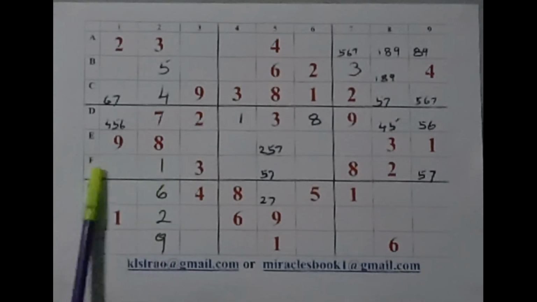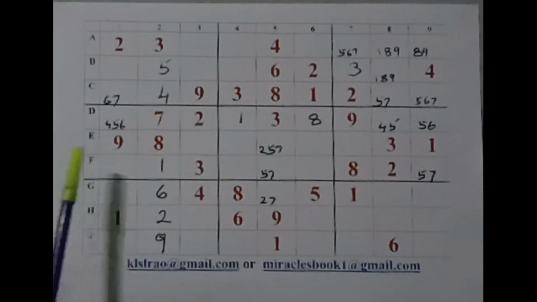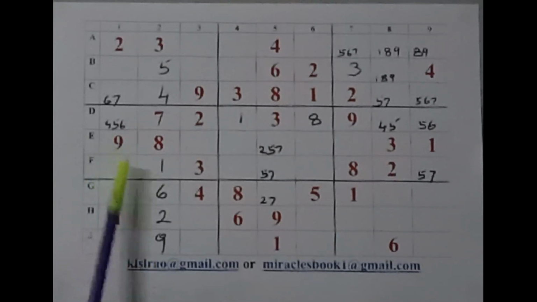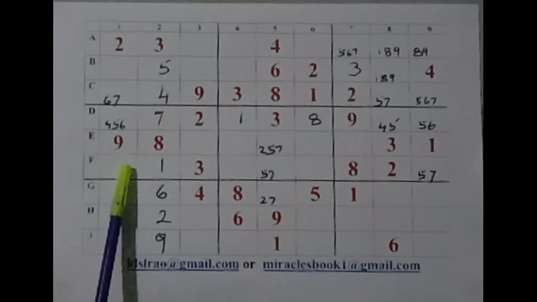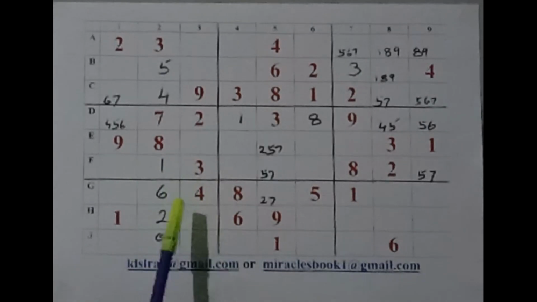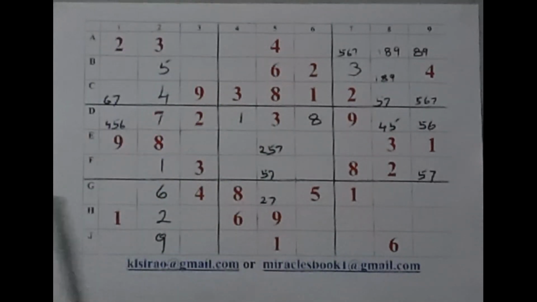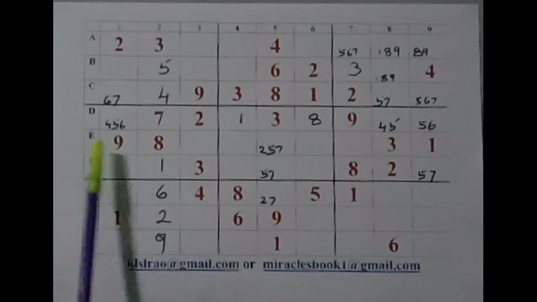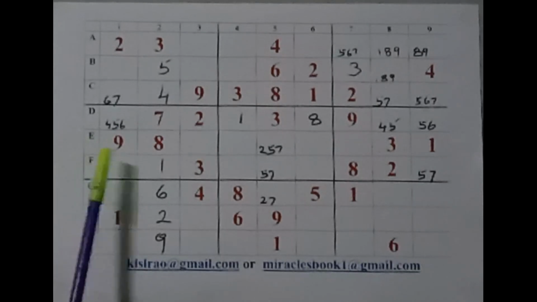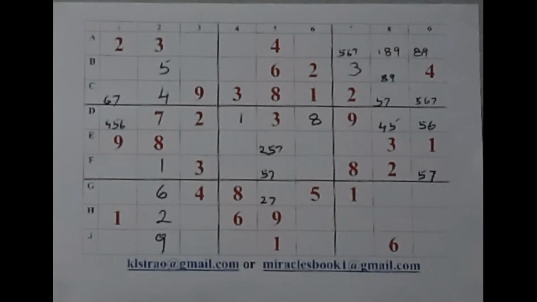We have 1 here, 2 there, 3 here, 4 can be written here, and 5 can be written here, 6 did not be written here. Therefore, 4 and 5 are the numbers here.